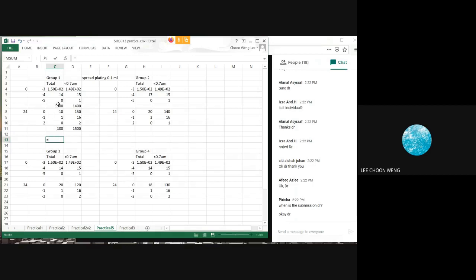So the decrease is from here to here. Whereas there it actually increases. So maybe it will be better if I do this so that you can see the change. So it actually increased here and it decreased here.